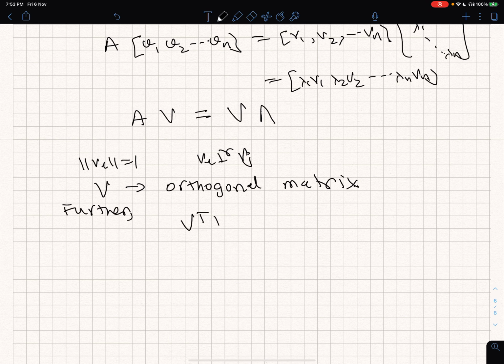Further, you can easily check that V transpose V is identity. Orthogonal matrices always have their transpose as their inverse. This is essentially V transpose equals V inverse. Is it not?